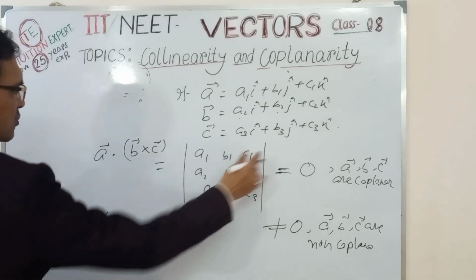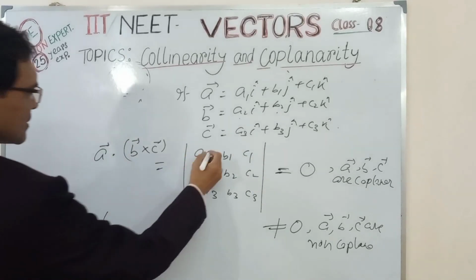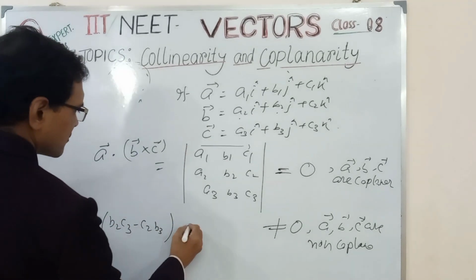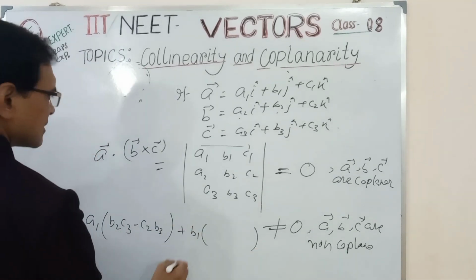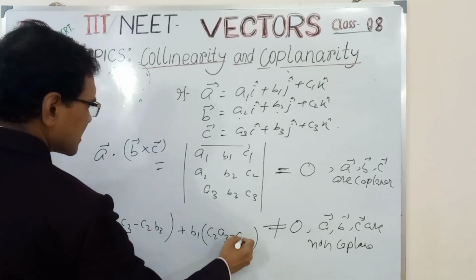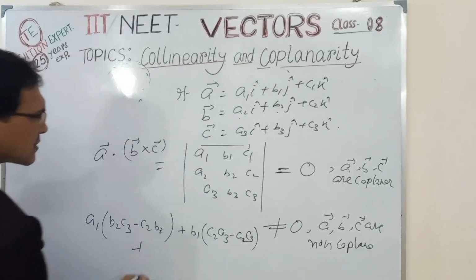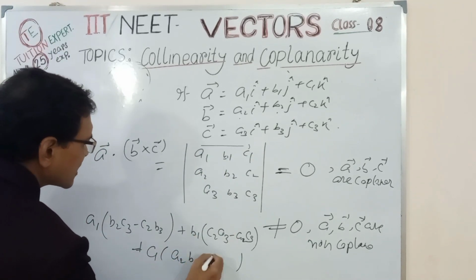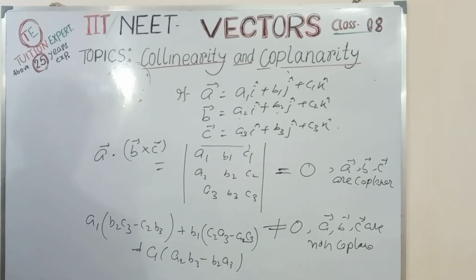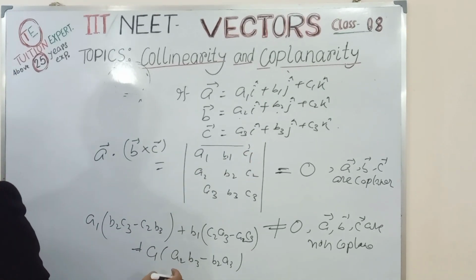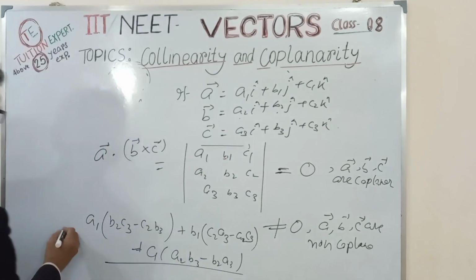This becomes A1 into (B2 C3 minus C2 B3), minus B1 into (A2 C3 minus C2 A3), plus C1 into (A2 B3 minus B2 A3). So this is the value of the determinant.